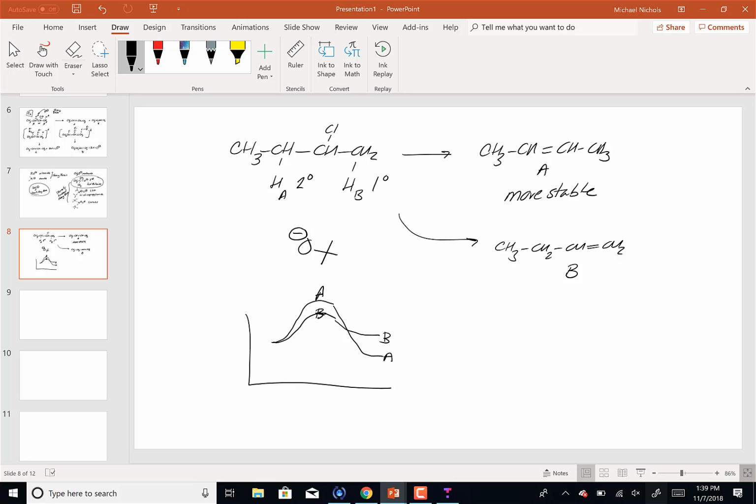Because we've got Hammond's postulate where we talk about, oh, well, since the product's more stable, the transition state's more stable, but that is not the case here. What is the case is that the steric hindrance in primary versus secondary, or lack of steric hindrance, is what's forcing this reaction to form B.